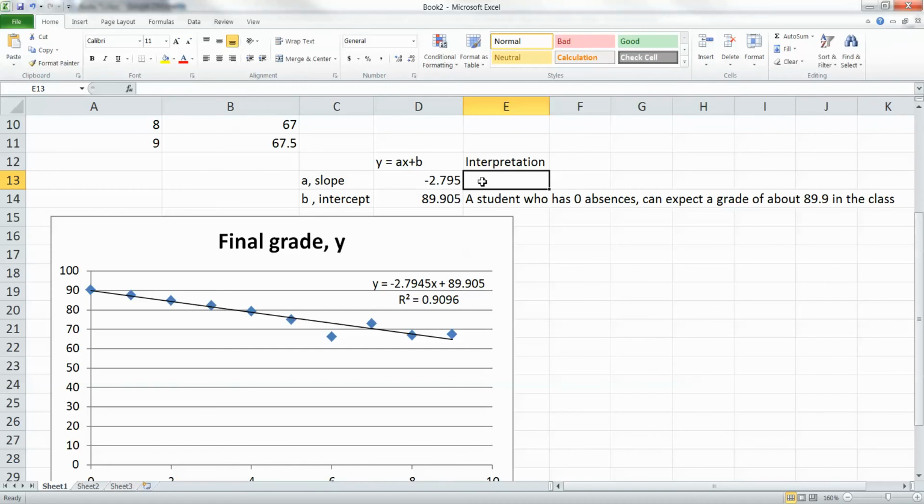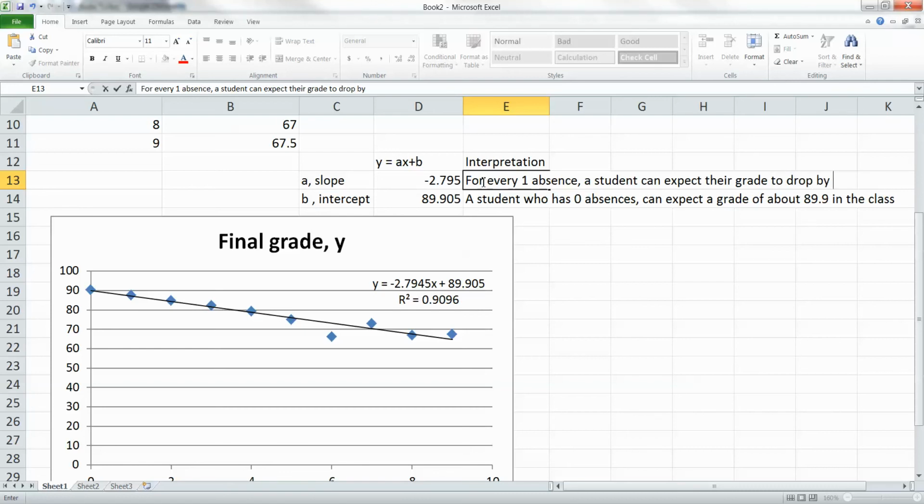So the run for us is always 1. We always say for every 1 x, and x for us is absences. So for every 1 absence, a student can expect their grade to drop, go down, decrease by 2.7945.